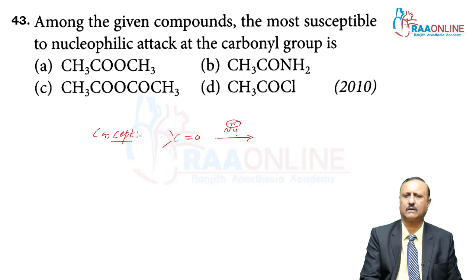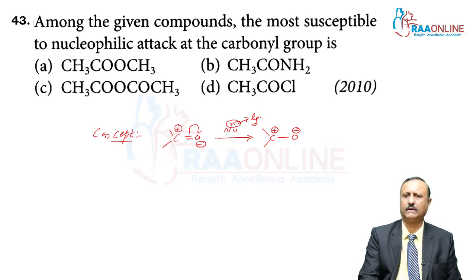Nucleophiles are those compounds in which a lone pair of electrons is present. That is why oxygen gets a negative charge and this carbon gets a positive charge. So the positive charge is present on the carbon and the negative charge on the oxygen in the carbonyl group.